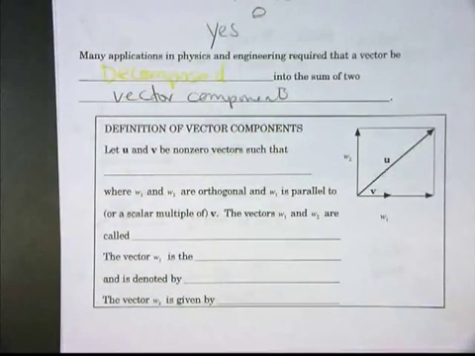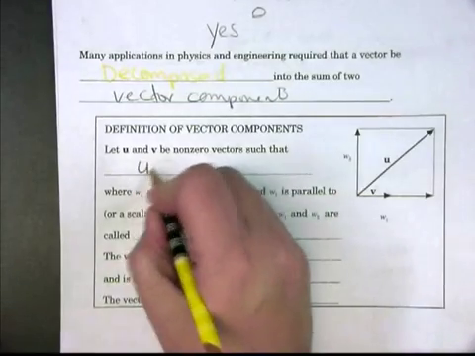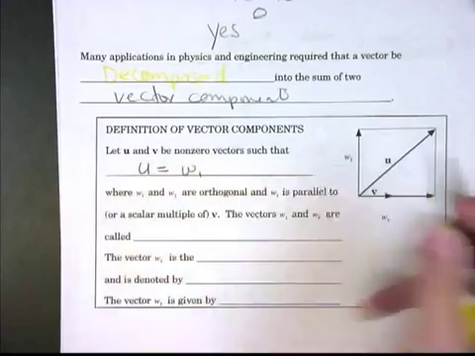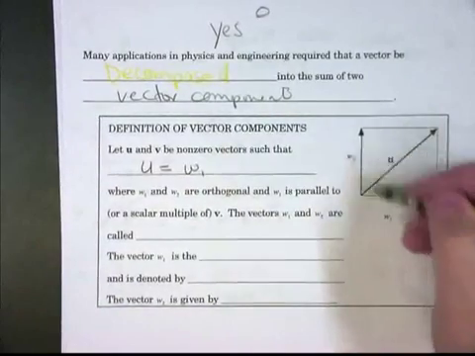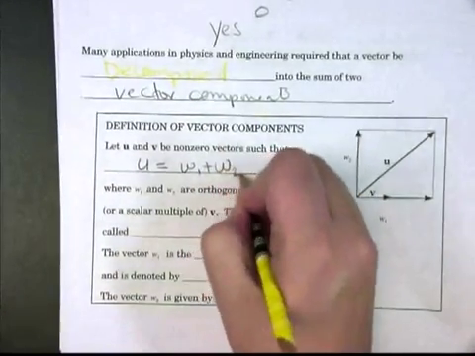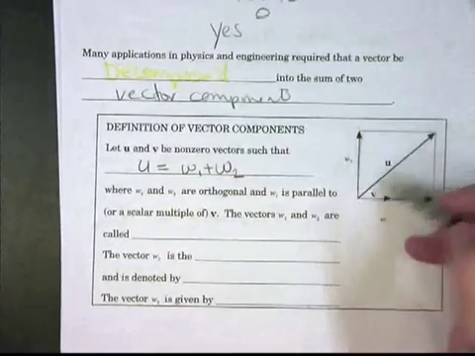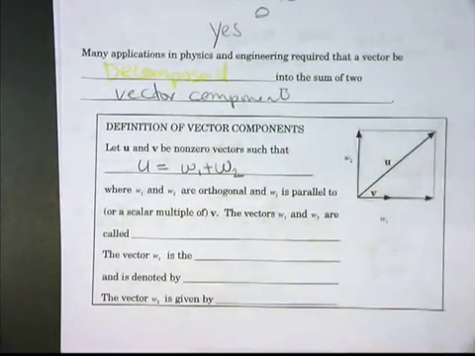So in this box, we're going to go through what that explanation is. We're going to let the vector u and the vector v be non-zero vectors, such that u is equal to w1 plus w2, here's w1, here's w2. w1 and w2 are orthogonal, and w1 is parallel to, or a scalar multiple of, v.